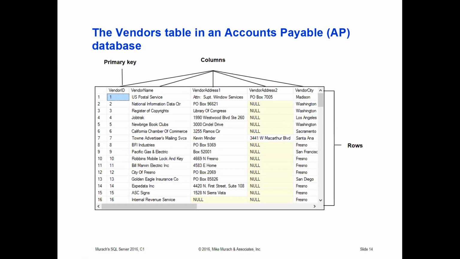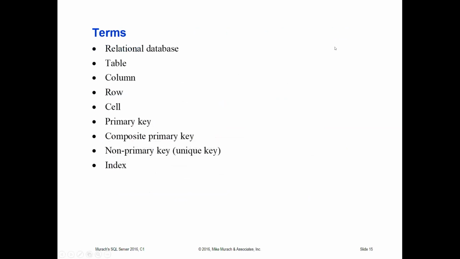So we have a lot of different ways of referring to our table information. So these are all really important terms. Our relational database, each of our tables is a table. A table equates to an object. We have columns and rows, the intersection of which is a cell. We saw we had a primary key. What do you think a composite primary key would be?